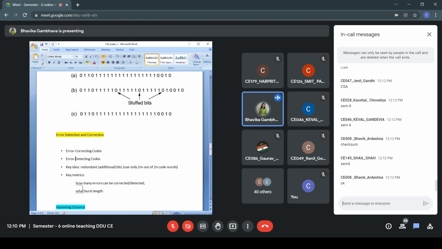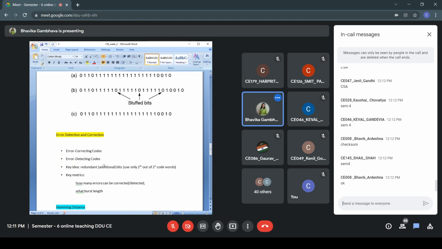Now, whenever I say we are dealing with error control, then we will always have redundant bits. When I say redundant bits, what is the meaning of that? Additional bits or extra bits which are not part of the data. Our aim is always to send the data. When you want to send the data, then along with those bits, you will be providing some extra bits.